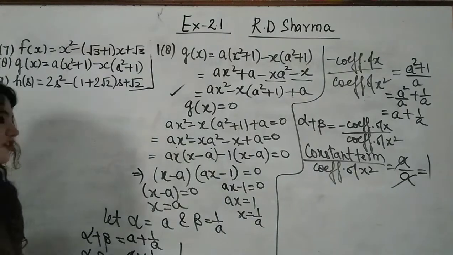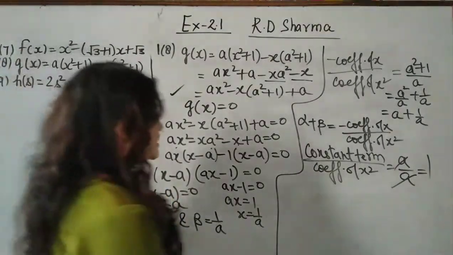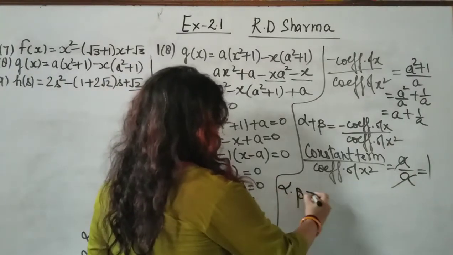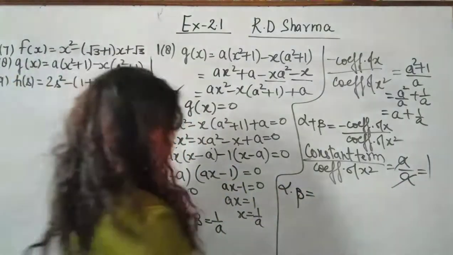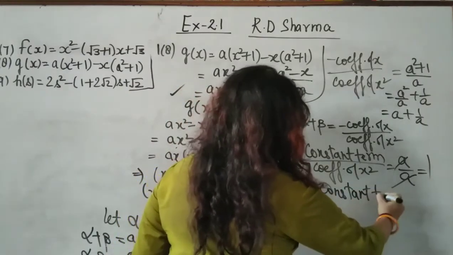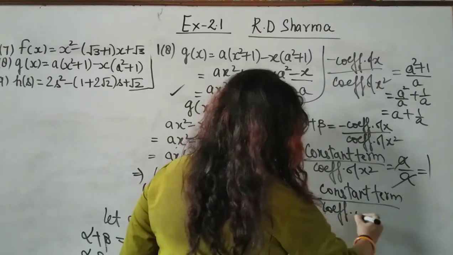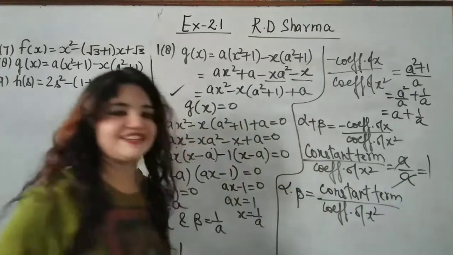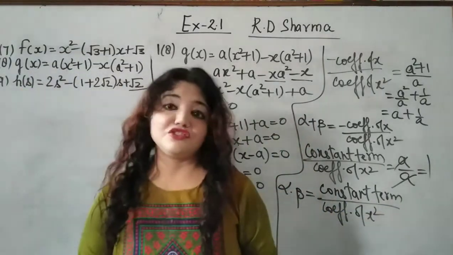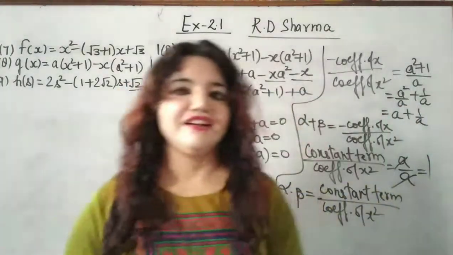And we have already calculated alpha into beta is equal to 1. तो हमने relationship verify कर दिया है. Alpha into beta is equal to constant term upon coefficient of x square. That's it, right? So हमने zeros find out करे and relationship भी हमने verify कर लिया है, right?